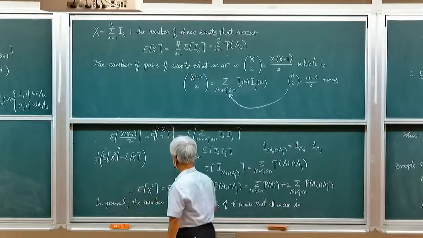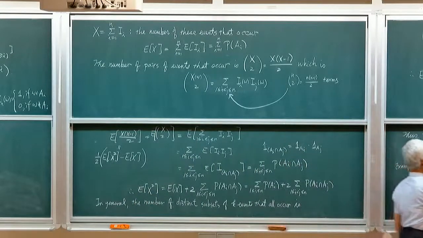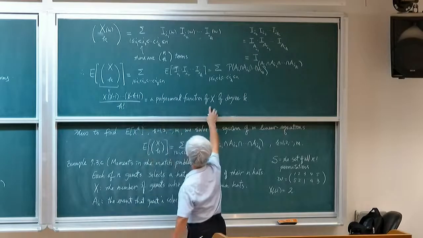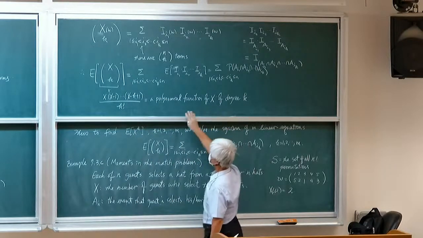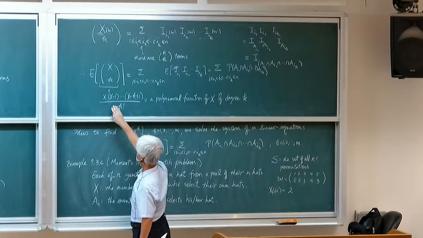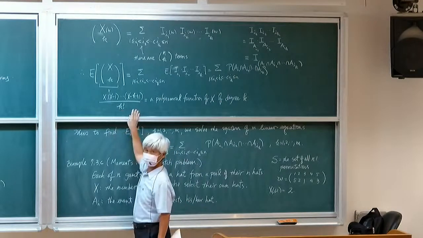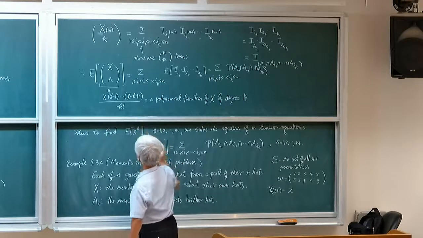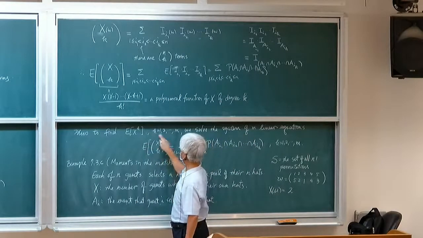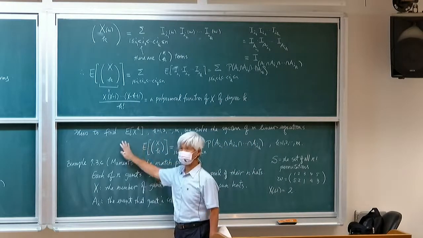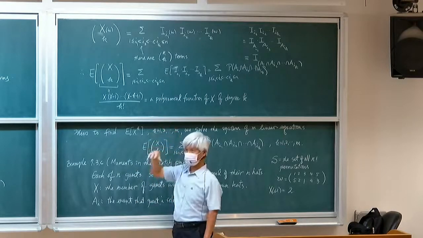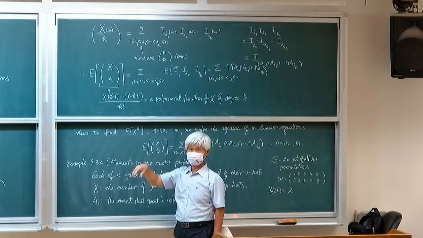Similarly, from here you can see that it's a polynomial function of x, consisting of the k-th power of x, the (k minus 1)-th power of x, etc. That is standard because when you do the expansion, the coefficients are already determined.